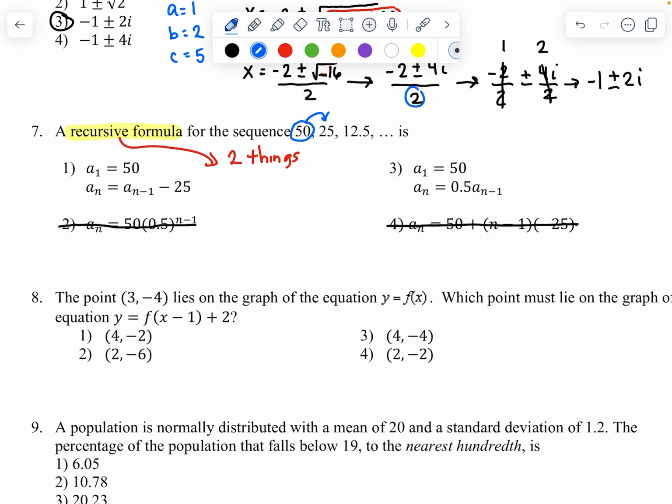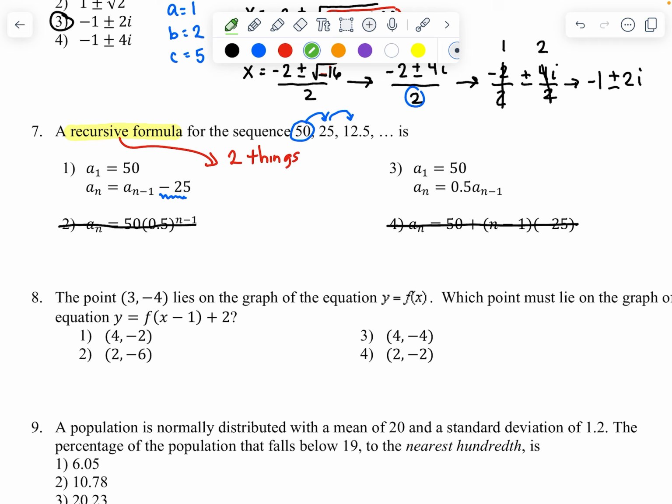So are we adding or are we multiplying? Well, how do I go from 50 to 25 to 12.5? Technically we can be subtracting by 25, but the problem though is that if we were to subtract another 25, we'd be at 0. So therefore, it doesn't make sense that we're subtracting 25.